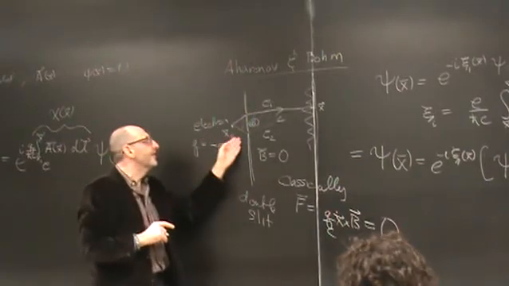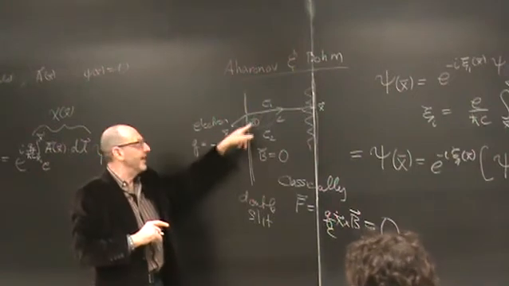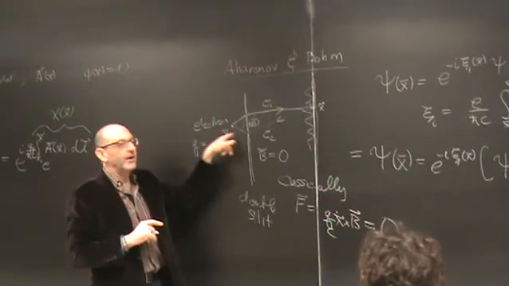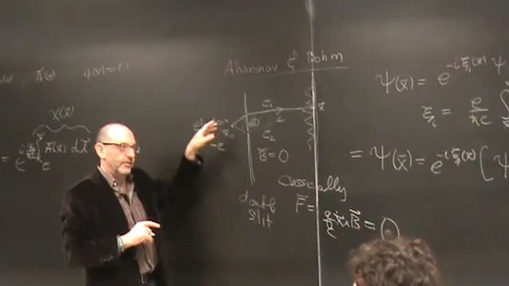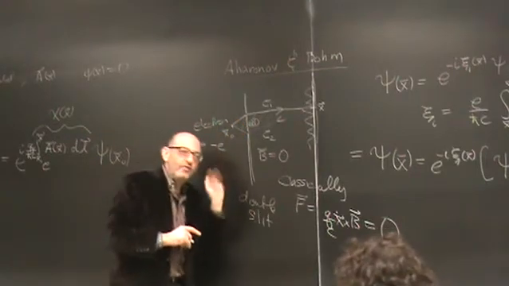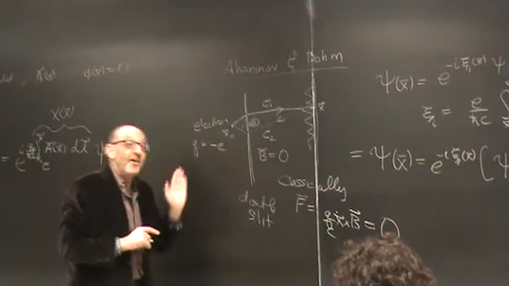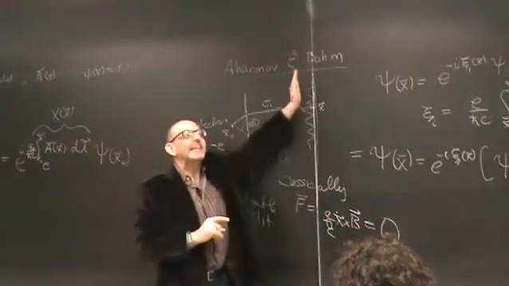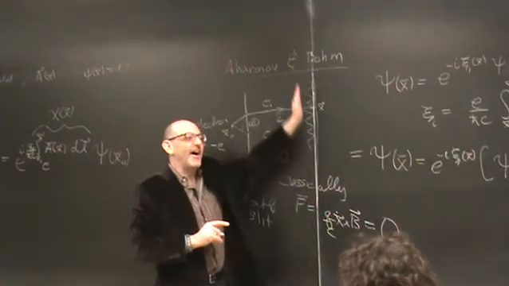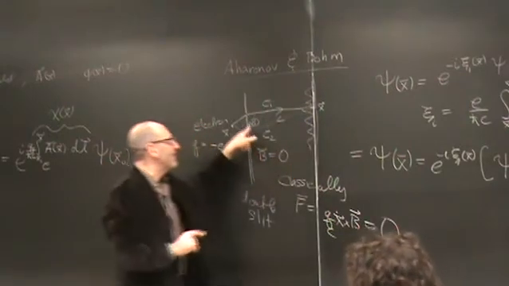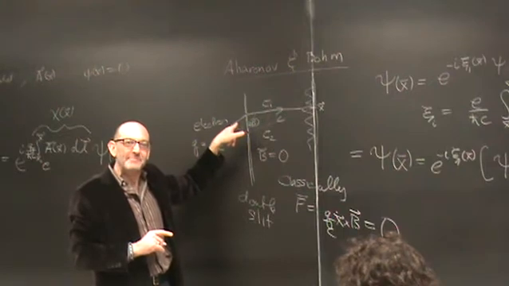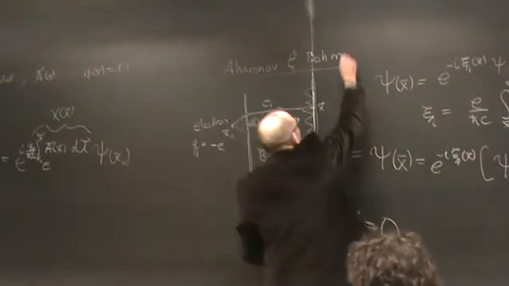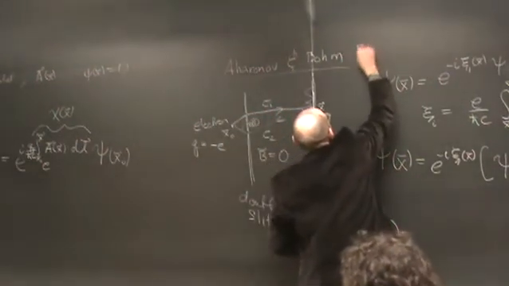There's therefore zero magnetic field outside this region. The electron doesn't penetrate into that solenoid and feels no force. Nonetheless, where it lands on the screen depends on the existence of that flux. That's known as the Aharonov-Bohm effect.